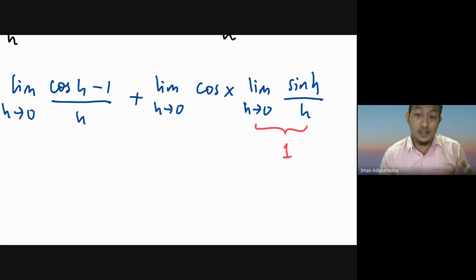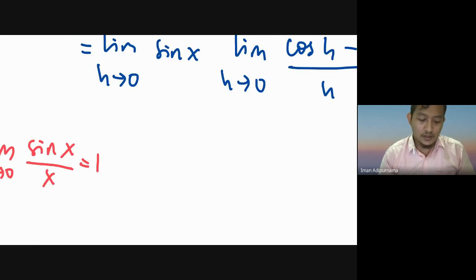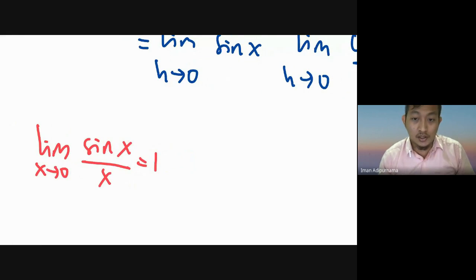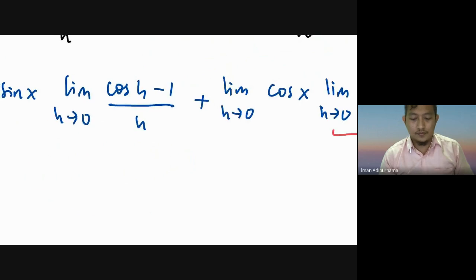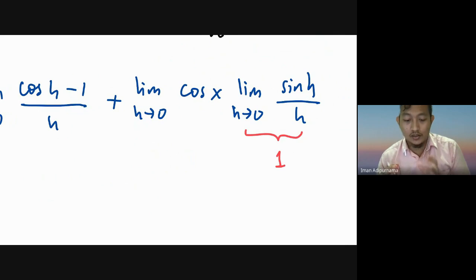That's why, as I explained at the beginning, if you look at this limit and think of L'Hopital's rule, it's wrong in terms of the rules in math, because this form is actually the definition. So here we get 1. This is also cos x.